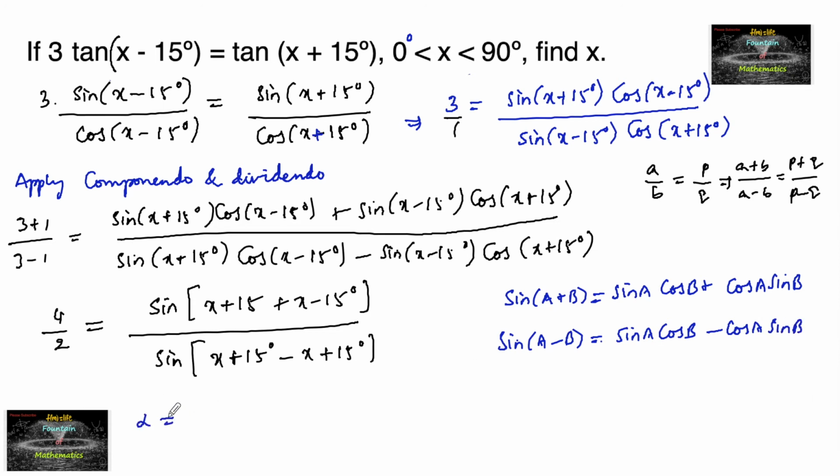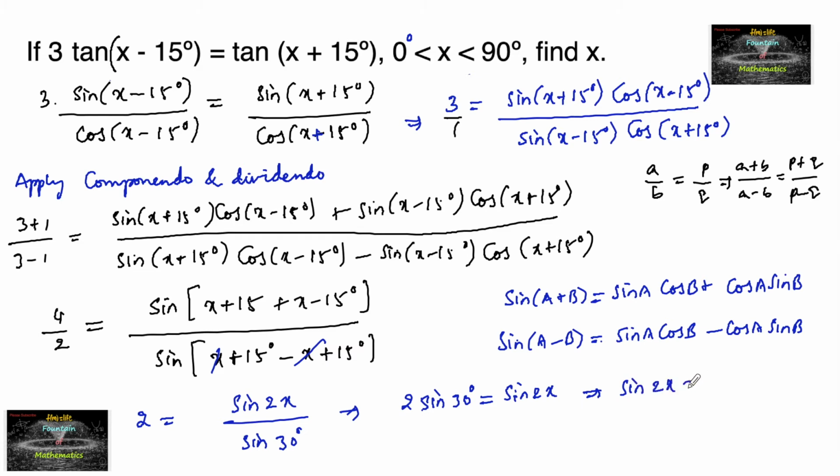So we can write 2 is equal to sin of x plus x, that is 2x, upon, this is x and x gets cancelled, sin 30 degrees. So we have 2 into sin 30 is equal to sin 2x. So sin 2x is equal to 2 sin 30, which is 2 into 1 by 2, that is 1.